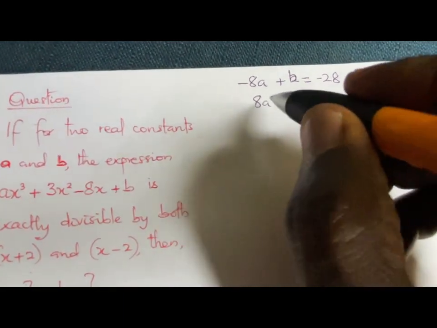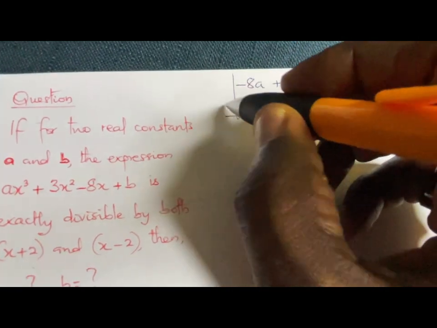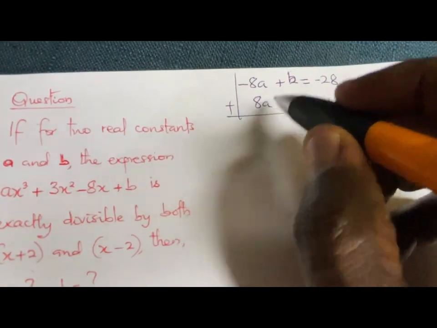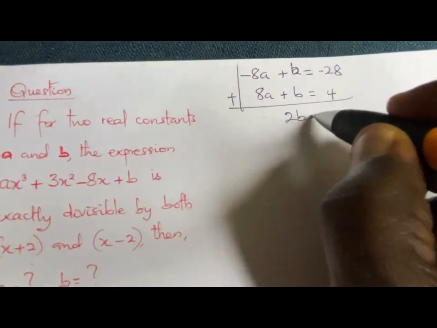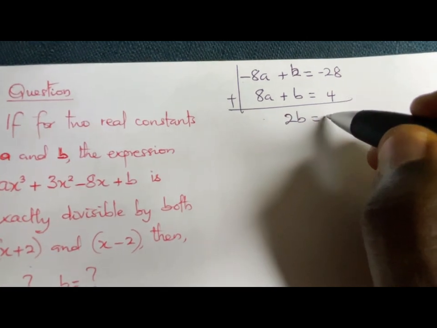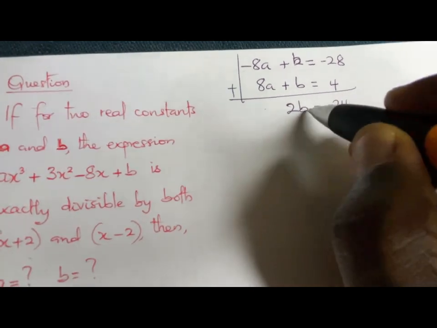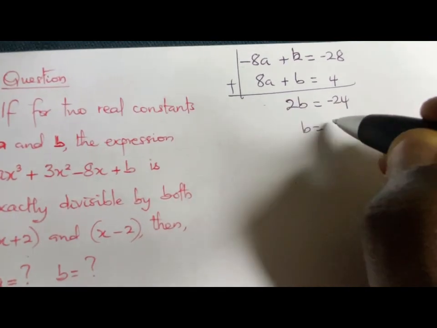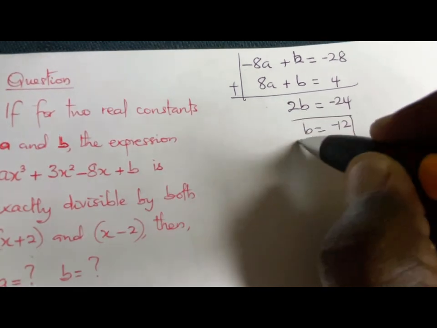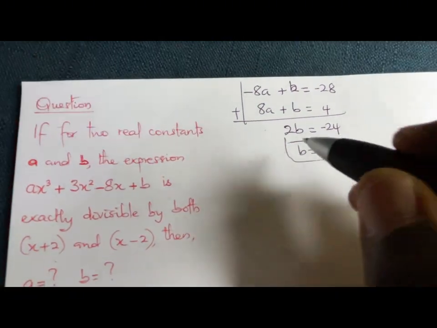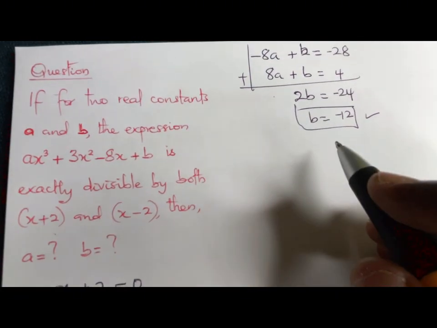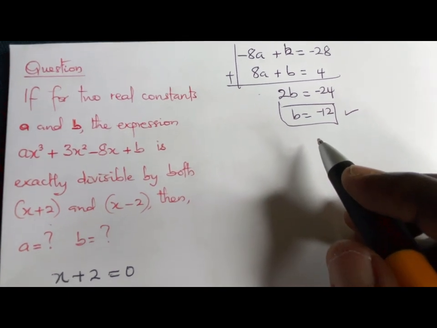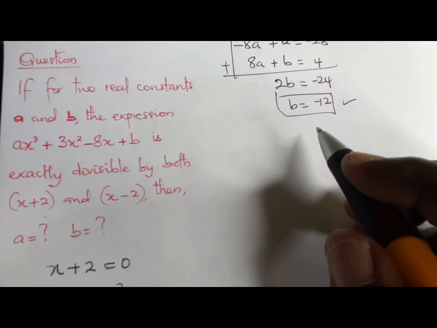Then we add. So this is 0 and this is 2b equals negative 24. You're looking for b, so you divide both sides by 2, you get negative 12. So that is b. You put the b into any of the equations, so I will use equation 2.